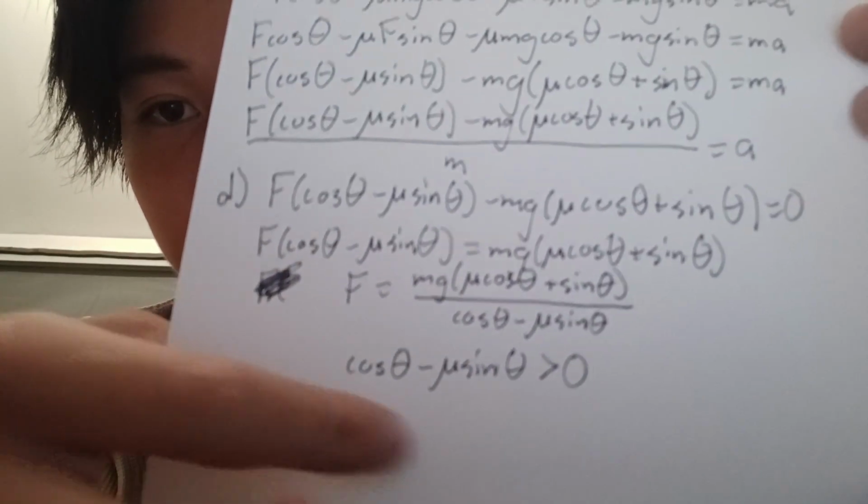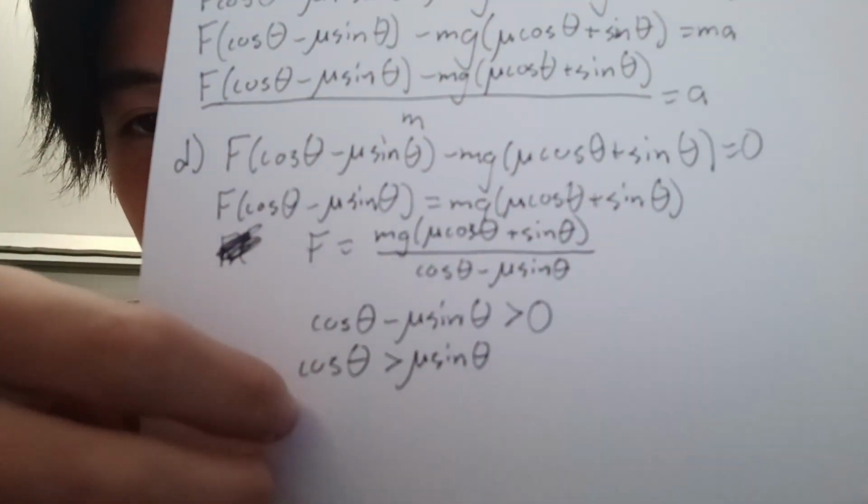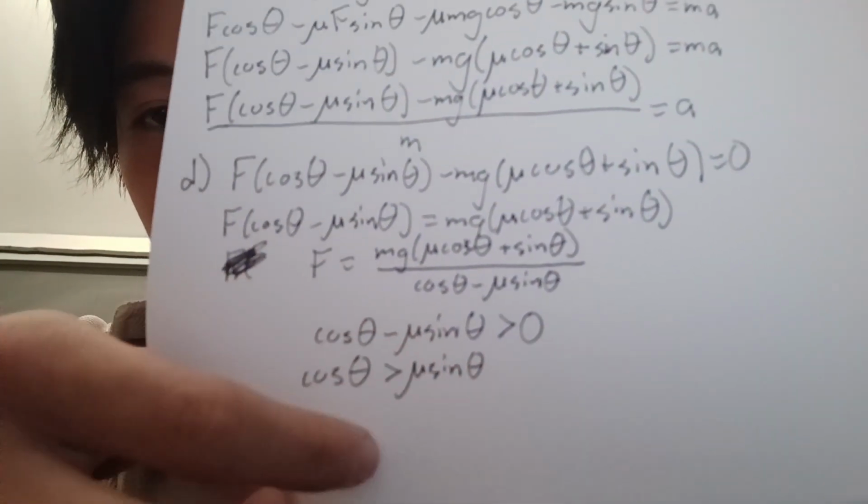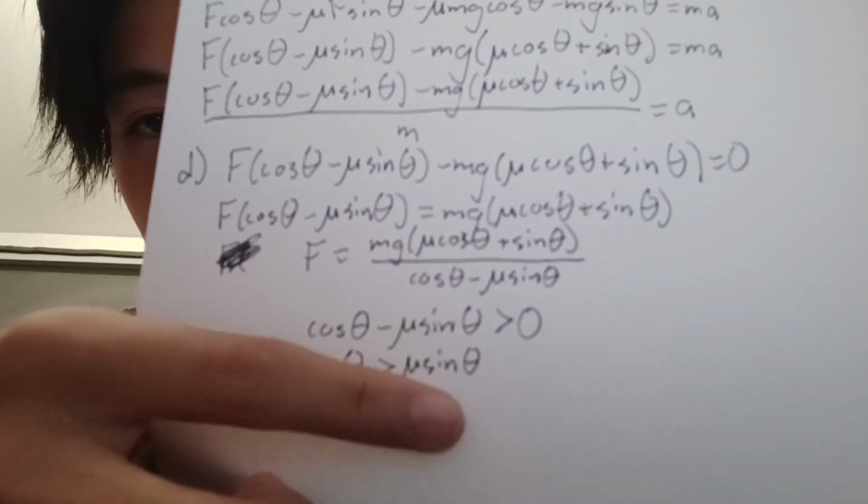And then from here, we can just add mu sine theta to both sides. So cosine theta must be greater than mu sine theta. And from here, we can divide both sides by sine theta.